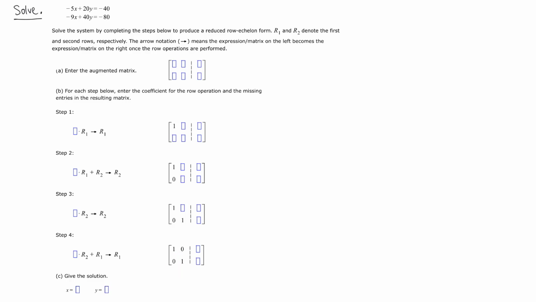This is sometimes called Gauss-Jordan Elimination. Let's say a Gauss-Jordan elimination for a 2x2 system. Our end goal is something like this. It doesn't always happen though.